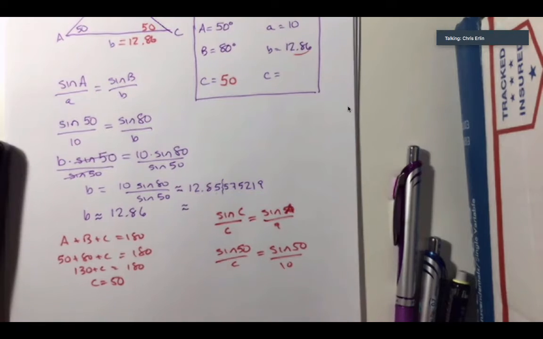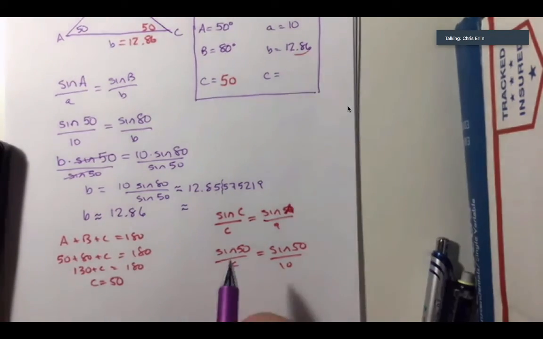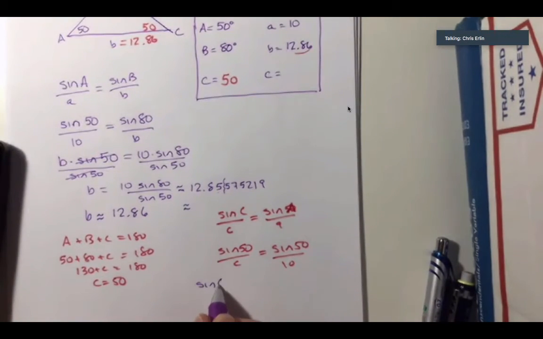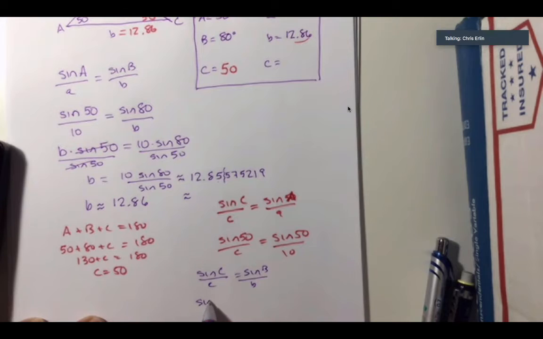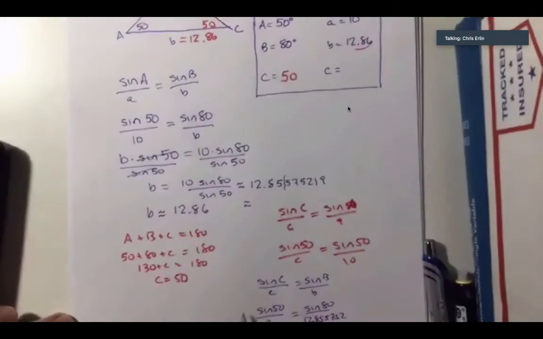So I didn't really plan to do this, but let's do it the other way. Let's say that the sine of C is to c as the sine of B is to b. And so we'll say that the sine of 50 is to the unknown c, as the sine of 80 is to 12.855752. I'm going to bring it over here. And I'm going to cross multiply.